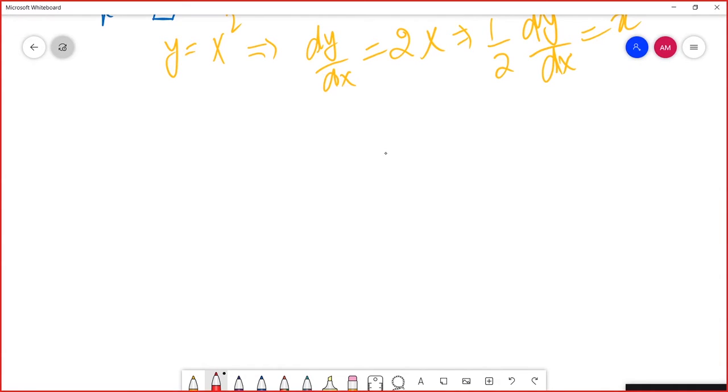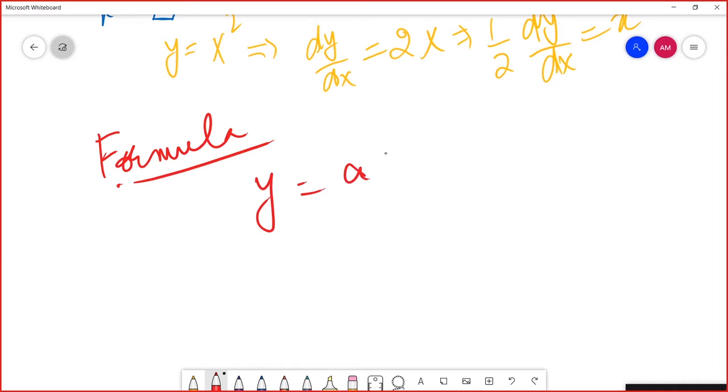So we say that if a function is, first formula, and perhaps you know this, but I would write it again for anti-differentiation. It says if y is equal to a over x^n, we say this is a function, right?